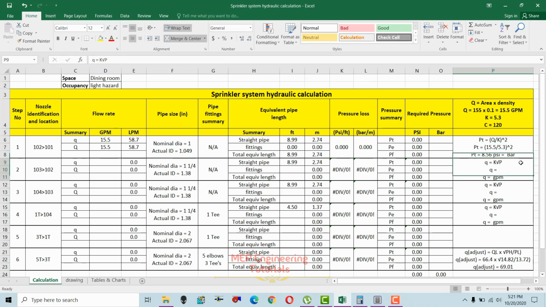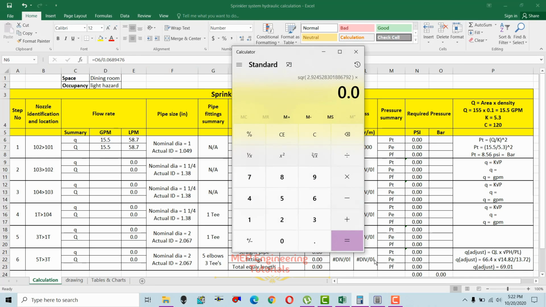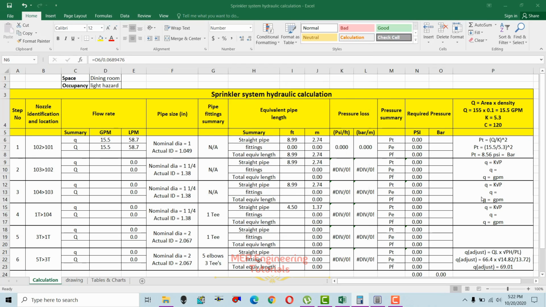If you want to convert this into bar, you just need to multiply this 8.56 with 0.0689. You will get this value in bar, 0.59 bar. So this is the calculated pressure across the sprinkler.